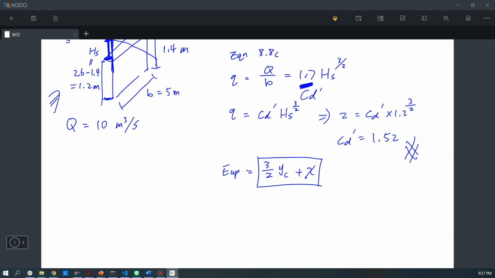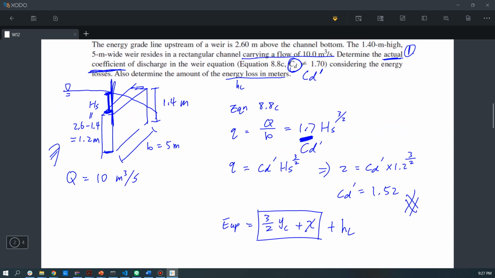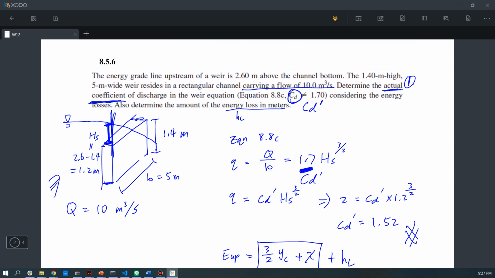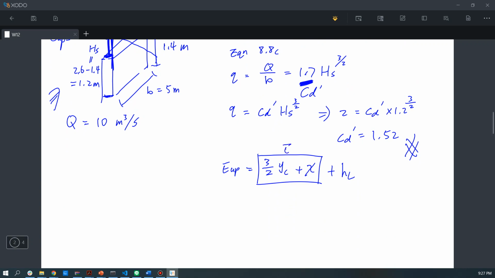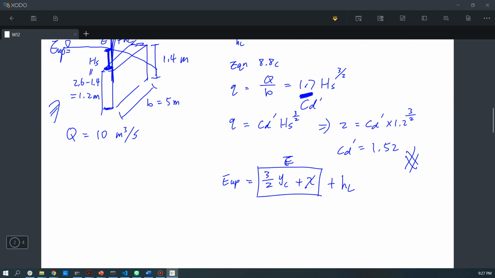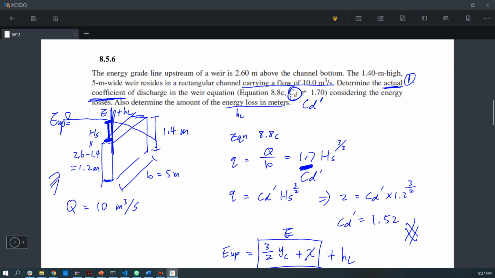But now, because we have energy loss here, we need to further add the energy lost because of this weir. So here you have the E up, and here you have the E plus the energy lost, E_W.